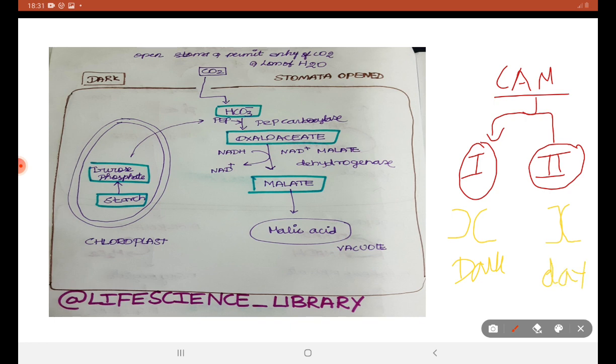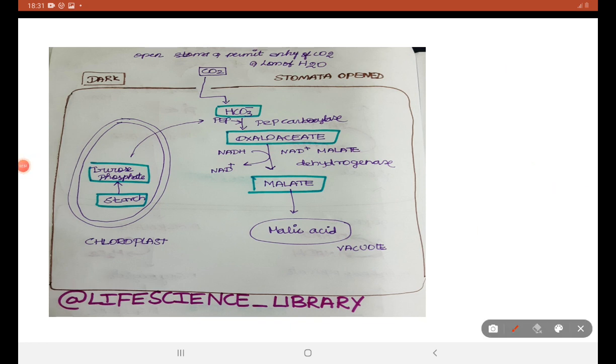This is a unique feature of CAM plants. They possess this characteristic to prevent loss of water. This is about the two cases of CAM plants.